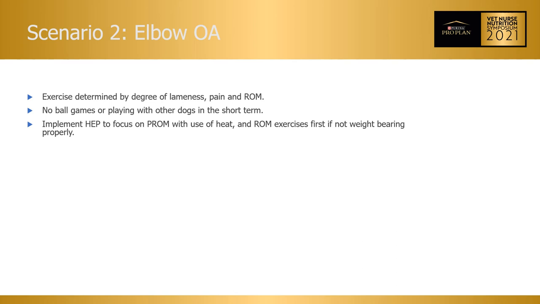So we ask owners to place a warm wheat bag or a warm wet flannel over the affected elbows prior to the range of motion exercises, and this just helps warm the joints, helps warm the muscles and the tendons around those elbow joints, which will have a pain relieving effect, but it will also make these range of motion exercises easier. And then we can move on to looking at weight bearing exercises and then strengthening exercises.